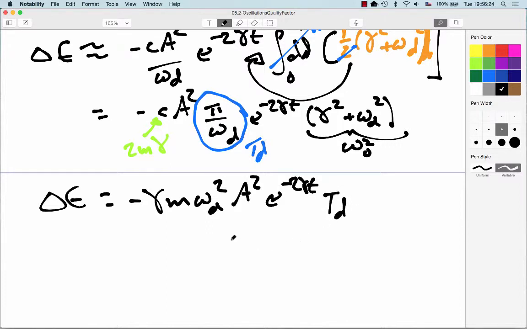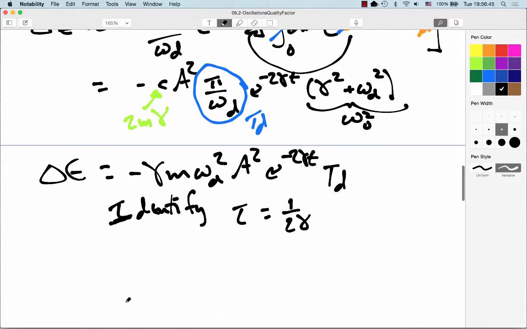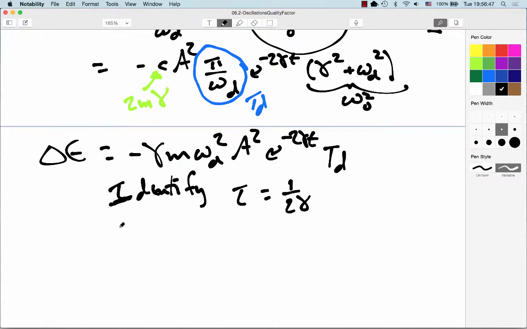Now, at this point, we can identify our decay constant as being 1 over 2 gamma. So we can rewrite this in a little bit more user-friendly way.